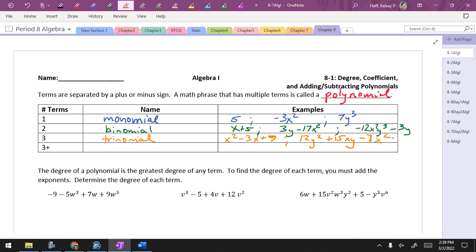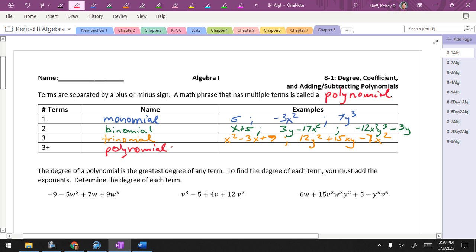You're not doing anything with them. We're just talking about how many terms there are. And then anything over 3 doesn't have a certain name. We just group that all in polynomial. So anything with over 3, we just call a polynomial.